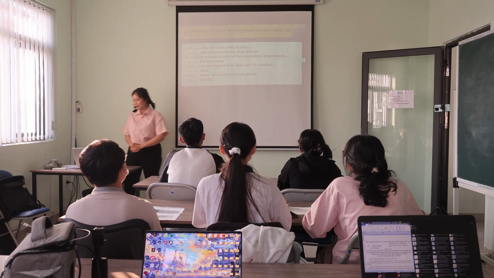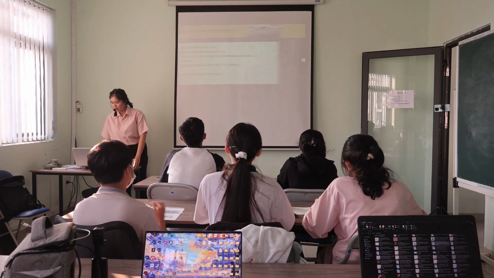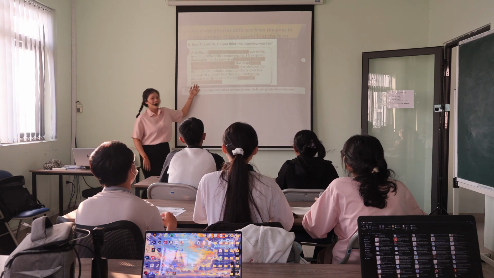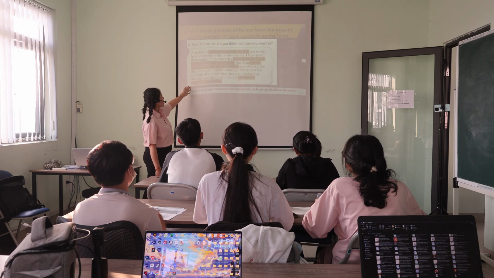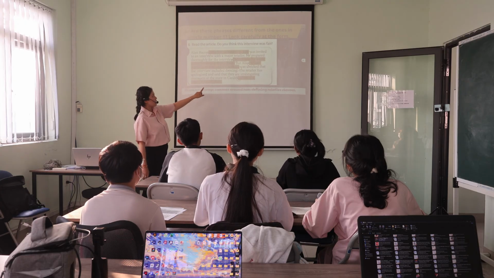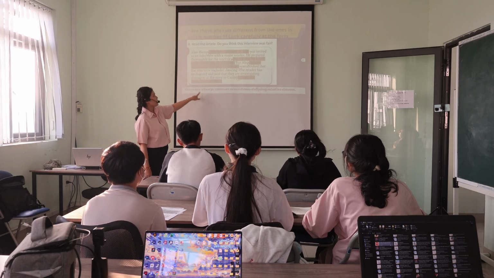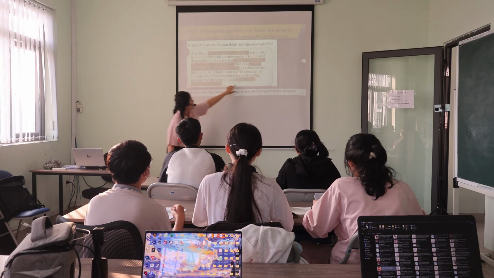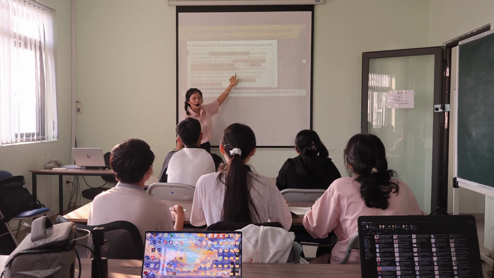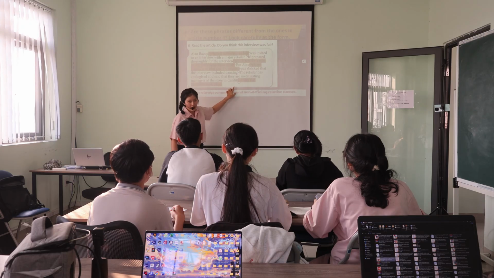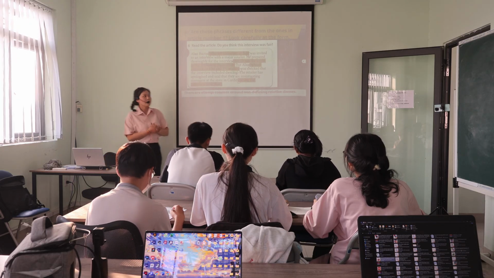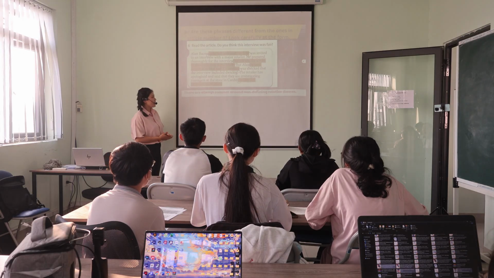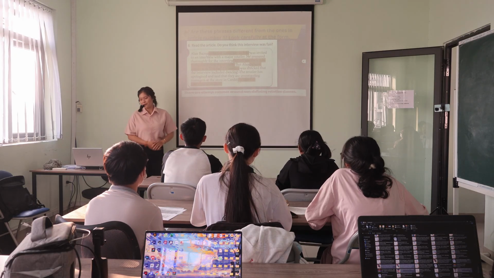Okay, good job. Now look at the form of the article before and after the non-defining relative clauses. What is circled? The commas. So we notice there are always commas around non-defining relative clauses.